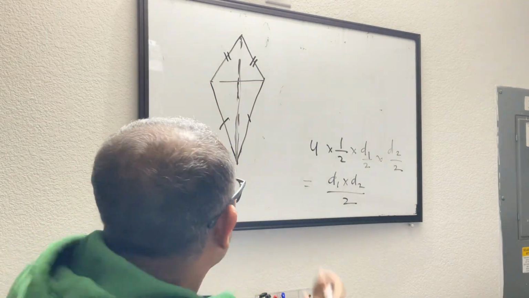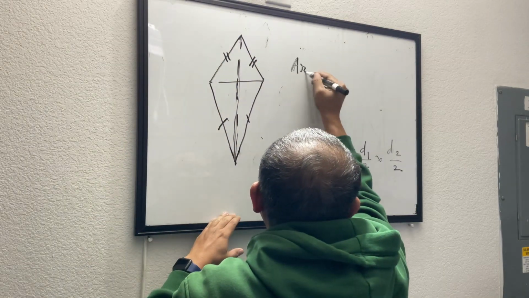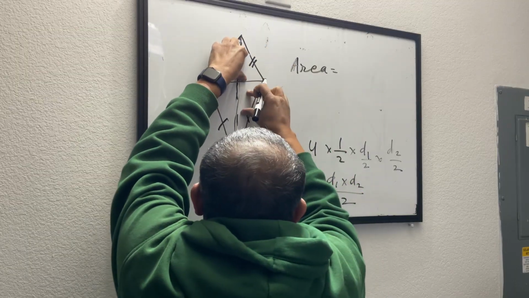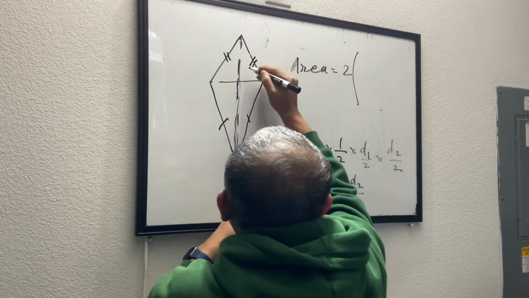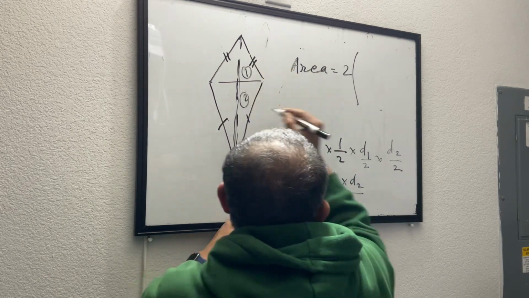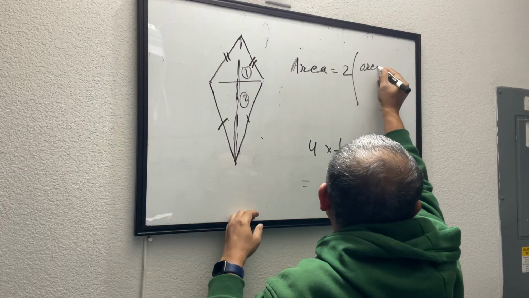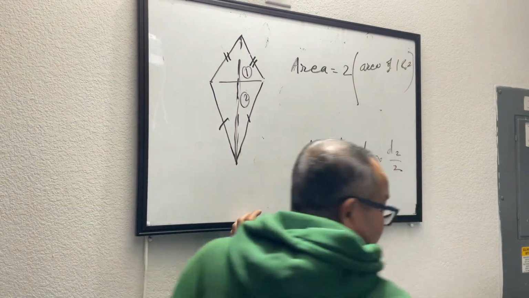The area of the kite will be 2 times the area of this triangle plus the area of this triangle. Let's say this is 1 and this is 2. 2 times the area of 1 and 2. Okay?